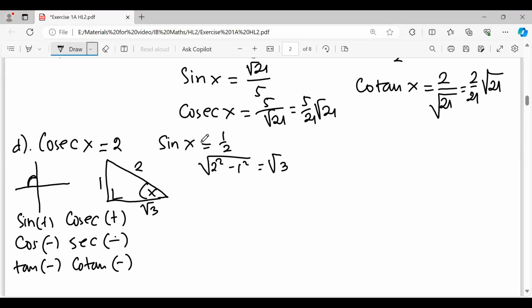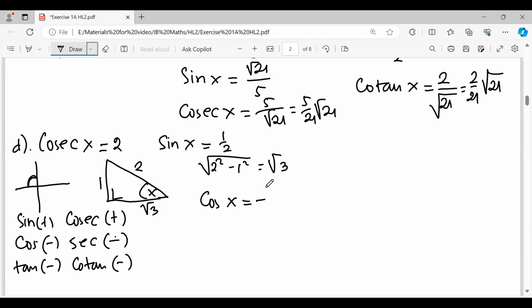Cosine x already, 2 sine x already, half. Both are positive. Now cosine x is negative. Okay.